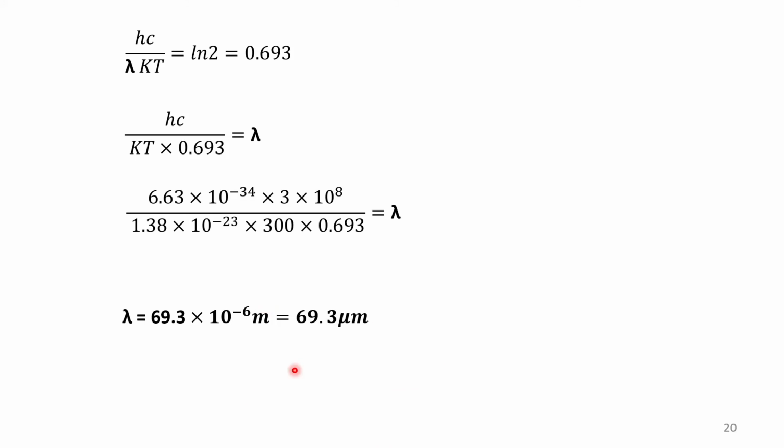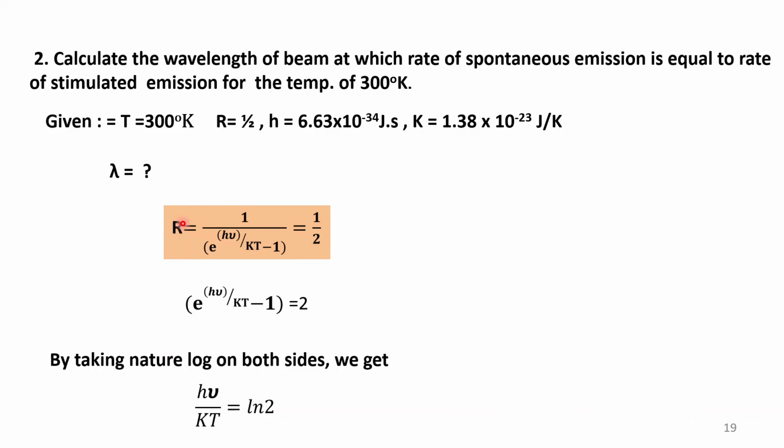So remember how to solve these problems. If the condition is given that the rate of spontaneous emission is equal to the rate of stimulated emission, then by using this formula we can calculate the wavelength and the temperature also.